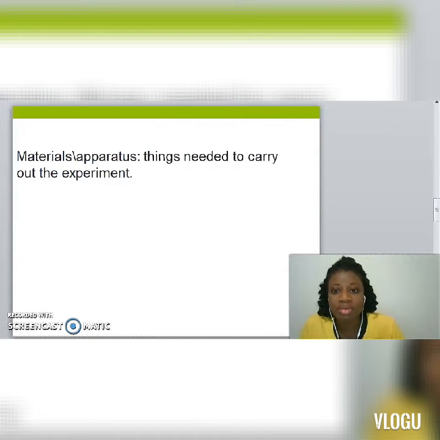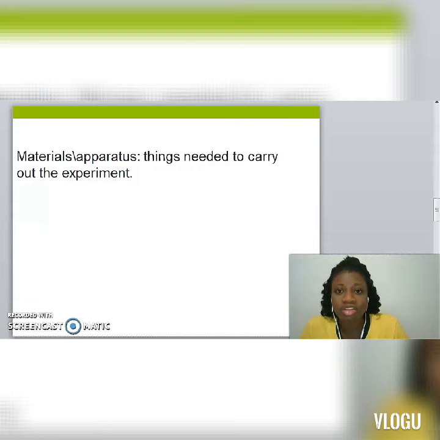The next part of your lab would be your materials and apparatus, and these would be the things that you are going to use to carry out the experiment. So in this experiment that we are using now, you would definitely have to use the Crest toothpaste. You definitely have to have the Colgate toothpaste. You have to have your toothbrush. All right.